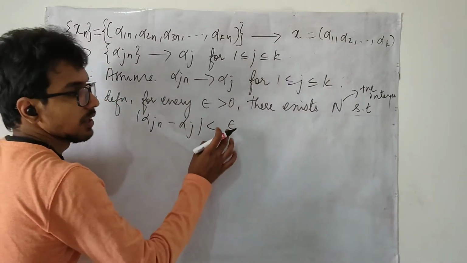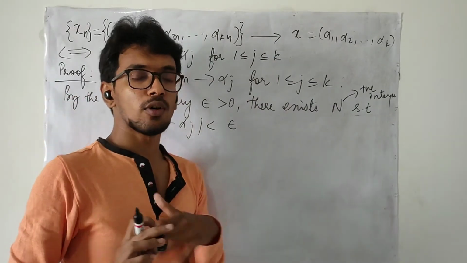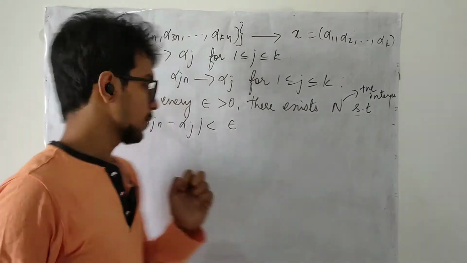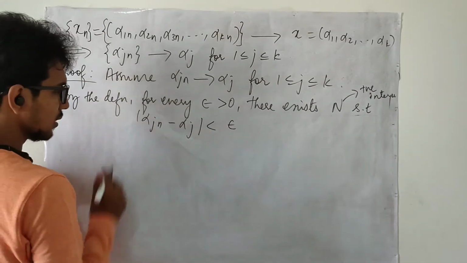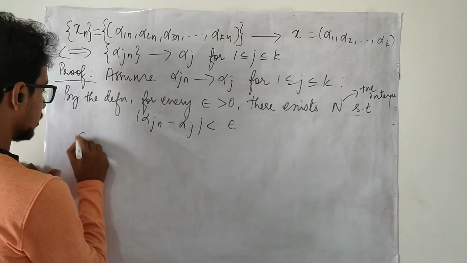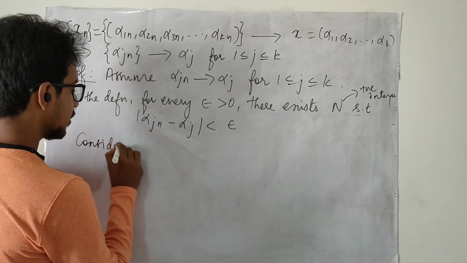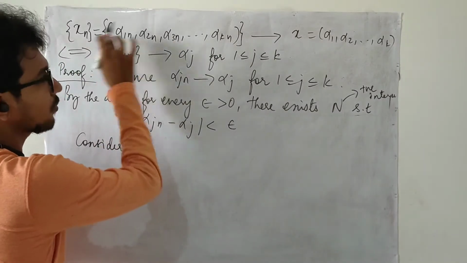Whether we are going to have this as epsilon or something else, that we will see. Now with this, we need to estimate what? We are going to prove the convergence of this thing.